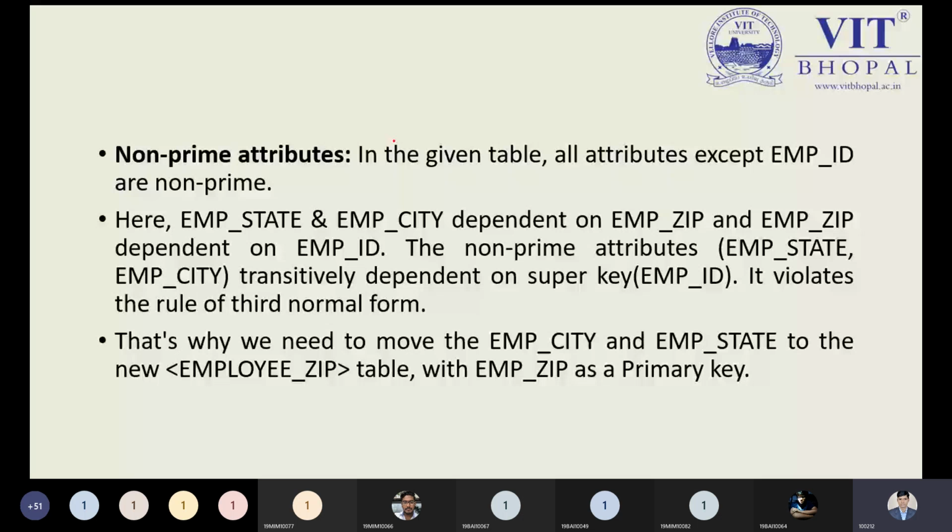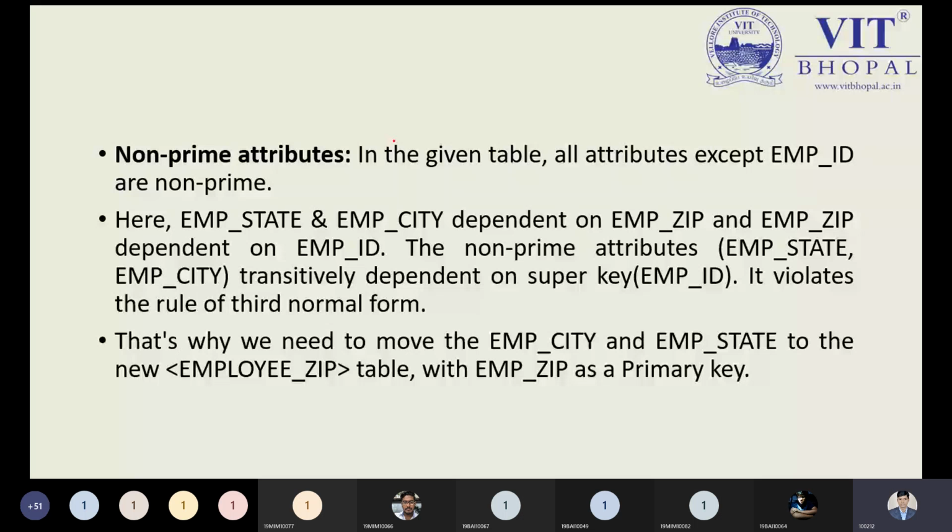Some information may depend on some kind of attribute, maybe a derived attribute or multiple attributes, so we have different attribute patterns. But right now in our example, employee state and employee city depend on the employee zip.